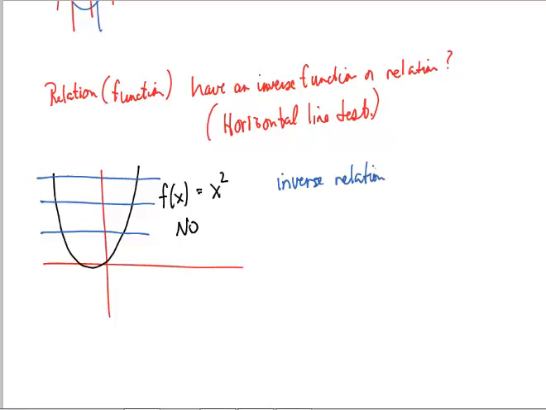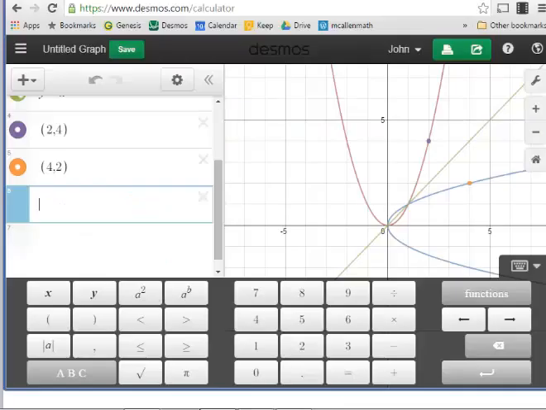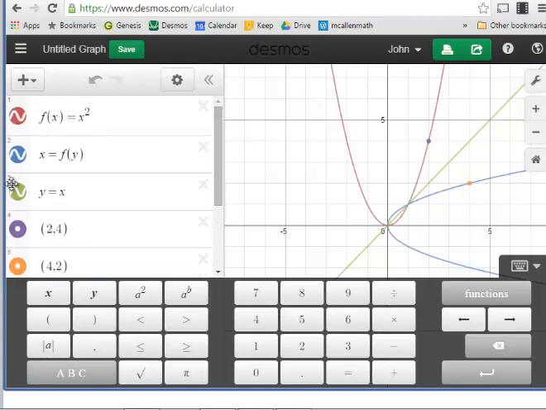Now, just to show you, if I go back to Desmos, I did graph a parabola in the earlier video. You can see the red parabola, and I just switched the x and y pairs, as you can see in statement 3. In statement 2, I made x equal f of y, which essentially switches the xy pairs, and you can see that I have a sideways parabola now, which clearly fails the vertical line test.